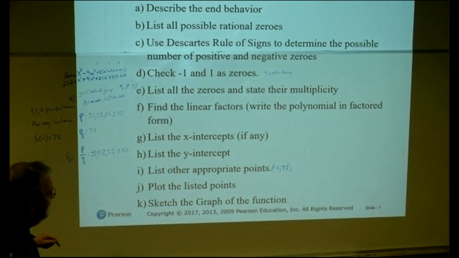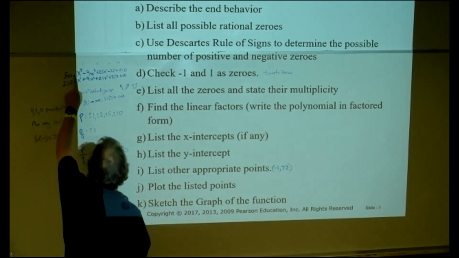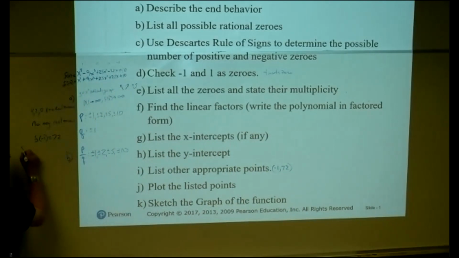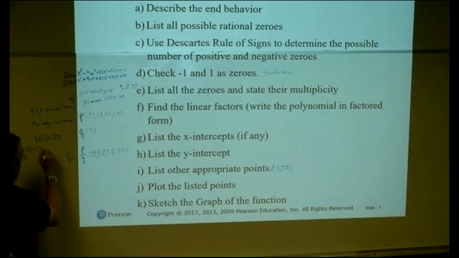Now, to find out if 1 is a 0, I look at f of x and I add those coefficients. So f of 1 is going to be 1 minus 9 plus, was it plus 25, minus 27 plus 10.